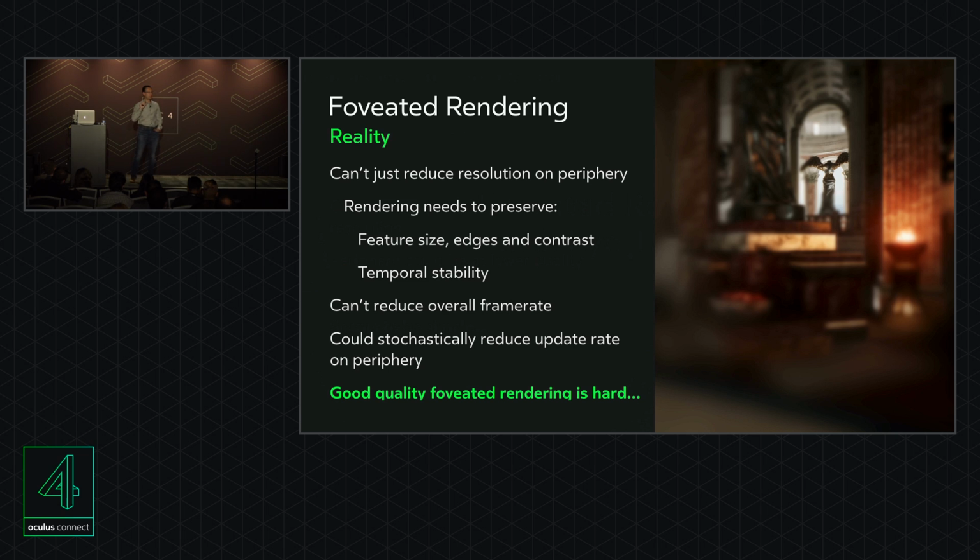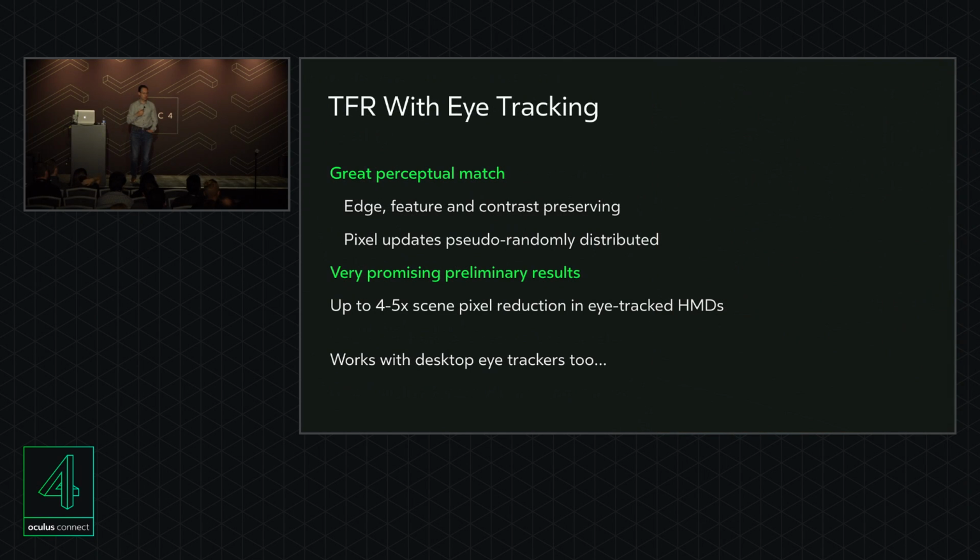This would amount to a really good eye-tracked foveated solution. The fact that we're actually doing this pseudo-stochastic update on the periphery within the technique we are discussing, temporal foveated rendering, provides a very good match. Because of edge, feature, and contrast preservation, and because of the pseudo-random stochastic distribution of pixels on the periphery frame to frame, we have a very good perceptual match for eye tracking.